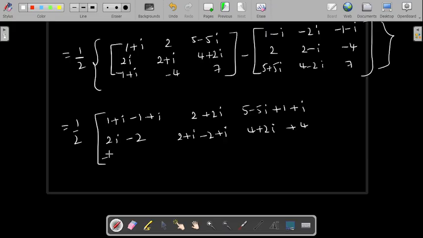Next to minus 1 plus I, minus 5, minus 5I. Next to minus 4, minus 4, minus into minus plus 2I. Next to 7, minus 7.